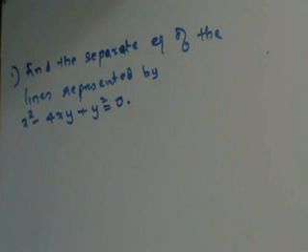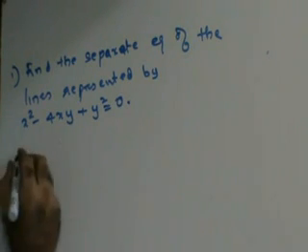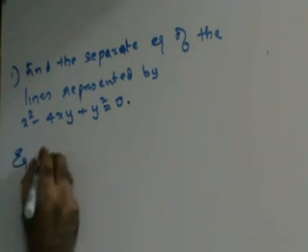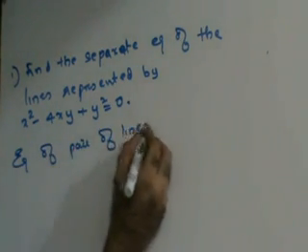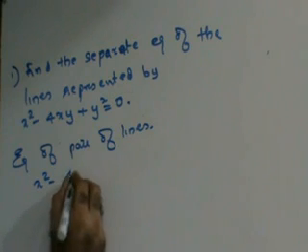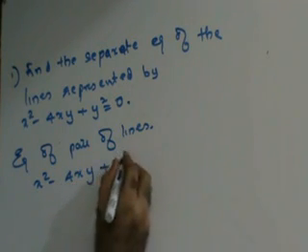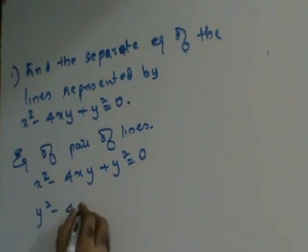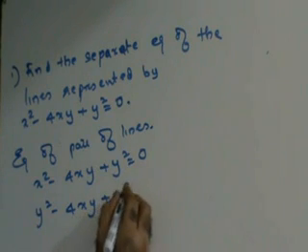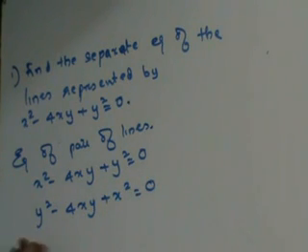Right? Now, they give you the equation of the pair of lines as x square minus 4xy plus y square is 0. If I rearrange, this equation can be written as y square minus 4xy plus x square is 0.